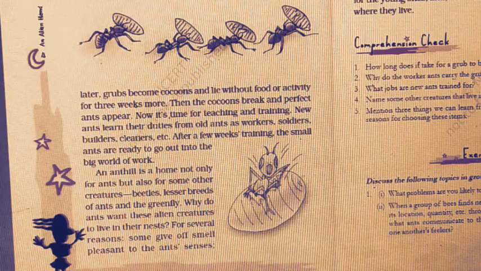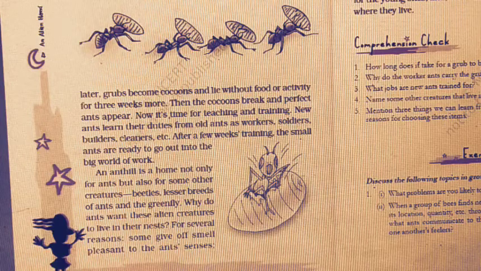An anthill is a home not only for ants but also for some other creatures: beetles, lesser breeds of ants, and the green fly. So, in the anthill, some other insects also live.